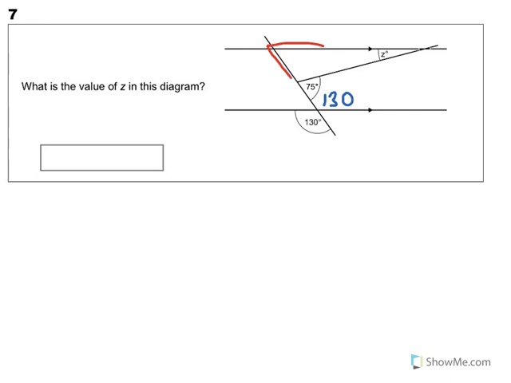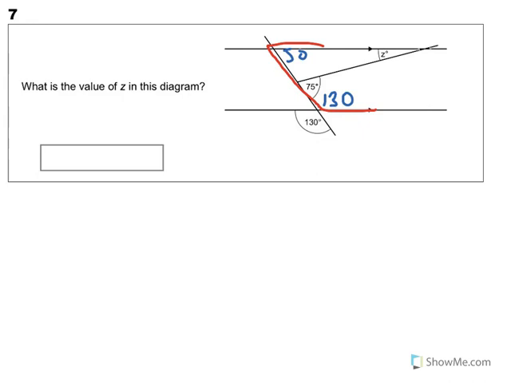And if we draw our C there, we get our co-interior angles. So this angle and this angle must add up to 180. The first one's 130, so the next one needs to be 50.